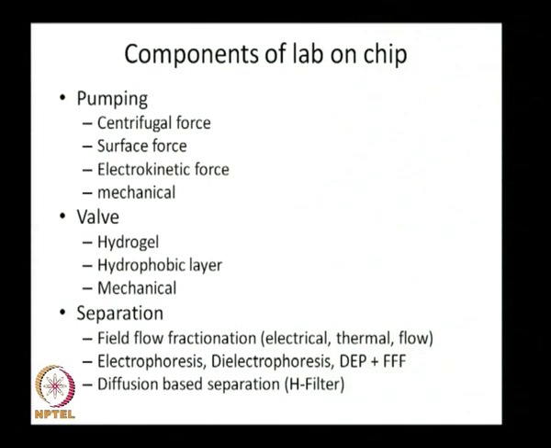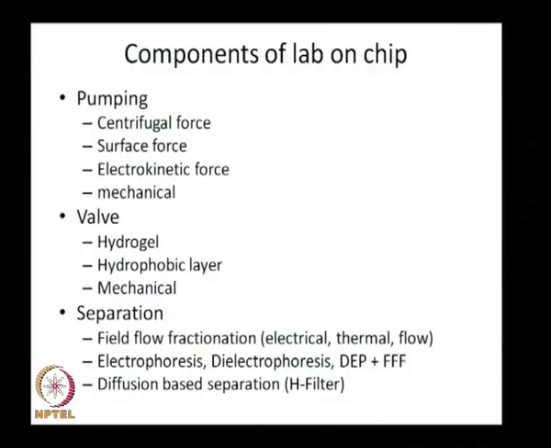There has to be some pumping element, because the reagent and the sample have to be pumped inside the channels which are engraved on the chip. Then there has to be some valve arrangement: some fluid will flow under certain conditions and will not flow if that condition is not met. So, you should be able to control the flow wherever you want inside the chip.